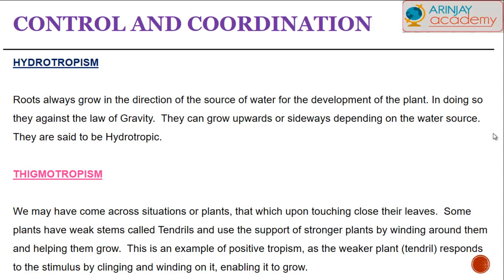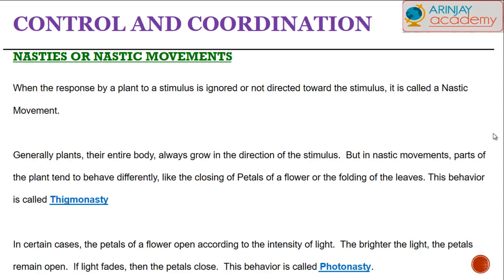As a result, they grow because they are growing towards sunlight. So this is an example of positive tropism, because the response from the weaker plant to the stimulus, the light, is by clinging and winding onto the stronger plant, enabling it to grow.